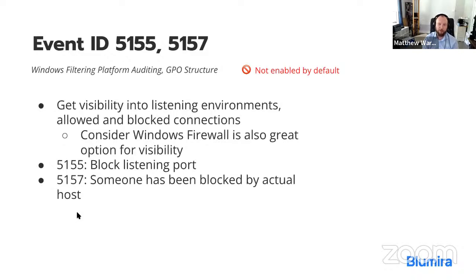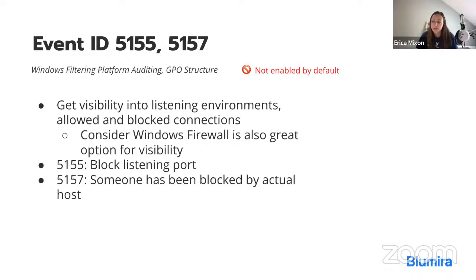That's about listening ports being blocked, and the same goes for 5157. So there are definitely useful event IDs inside of that Windows Filtering Platform GPO, but depending on your use cases, also look at Windows Firewall. It's pretty straightforward to pull data out of, annoying, but straightforward, as well as Sysmon for network connections.